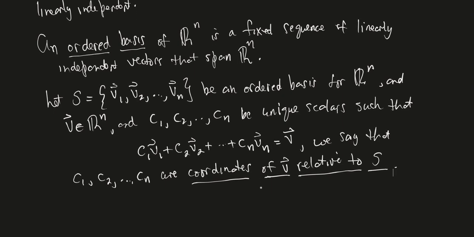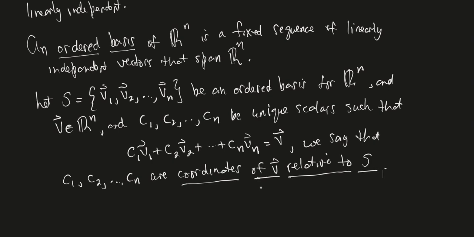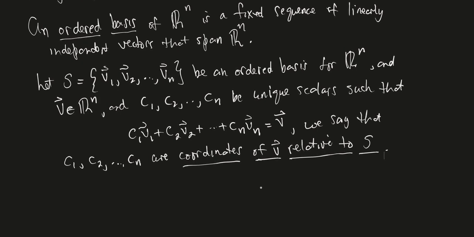And we have a nice notation for this, of course. So let me go back up. So we write, right? And this notation is fairly standard. So what we do is we put the vector v, the one that we're trying to produce, in square brackets like this.